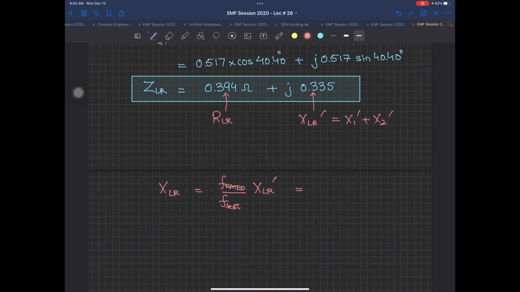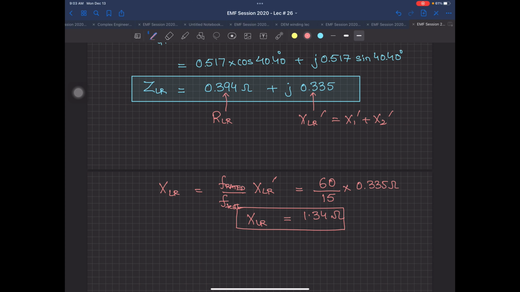What is your rated frequency? We know this is equal to 50 Hertz because we want to do it for 50. The test frequency was 15, and I have this as 0.335 ohms. Actually the test frequency is not 50, that's 60, because the book is using 60. So it will be 1.34 ohms.